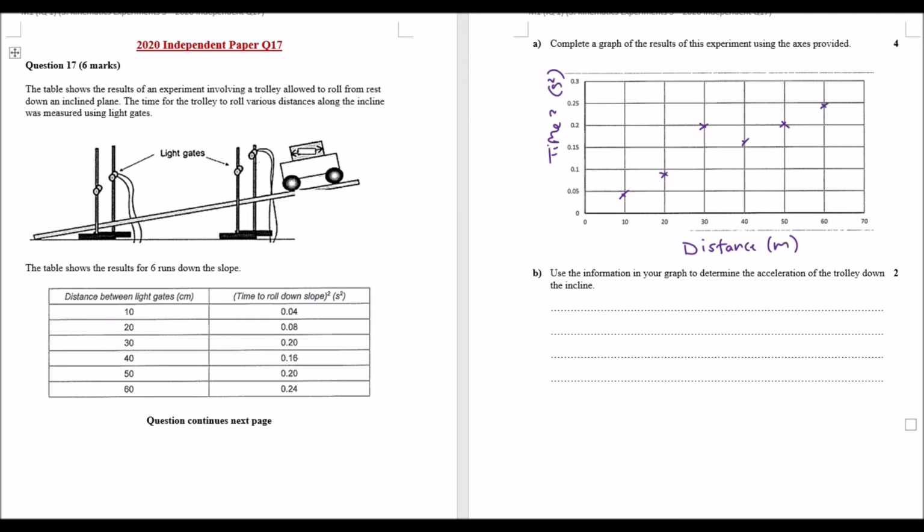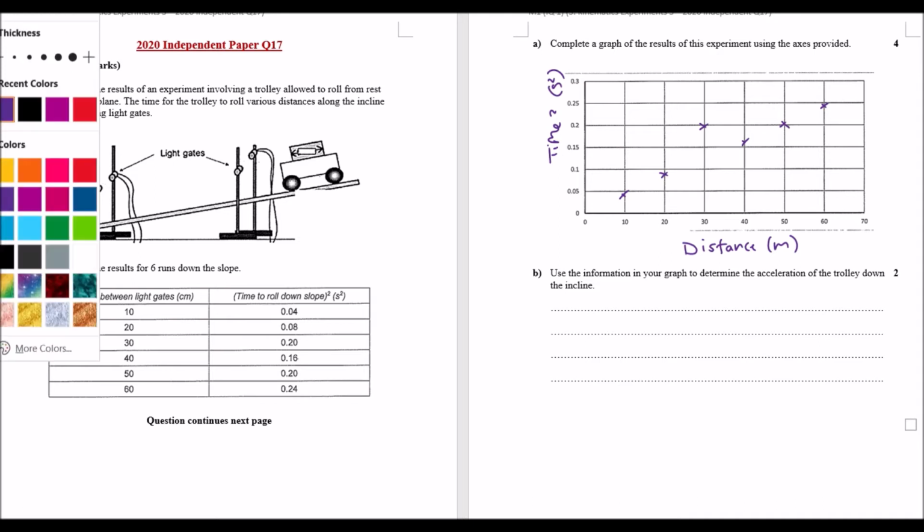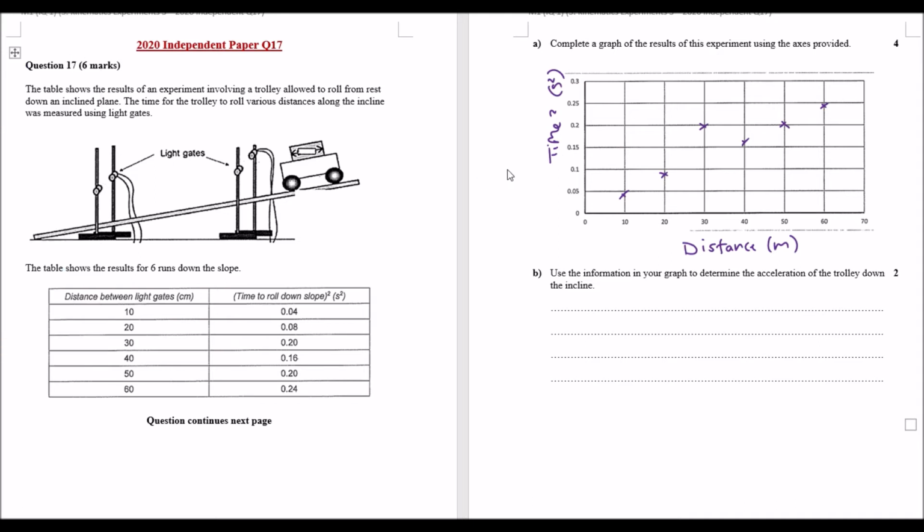Okay, so we've plotted the graph, and what we need to now do is a line of best fit. To do that, I'm going to draw it with a different colored pen. I just want to highlight the data points that we have here. Clearly, this one is quite out of sorts, or the actual point seems like an outlier to these data points here. Now, when you're drawing your line of best fit, you don't have to include it.